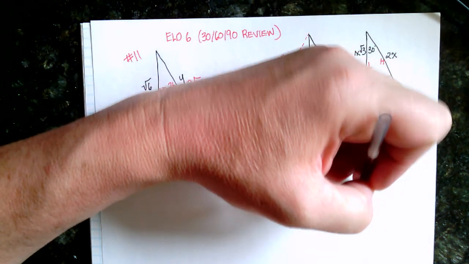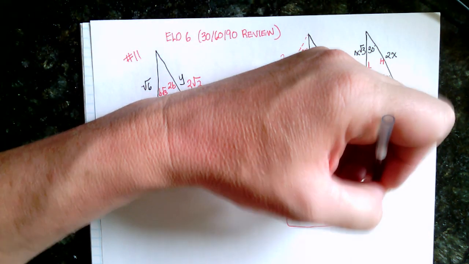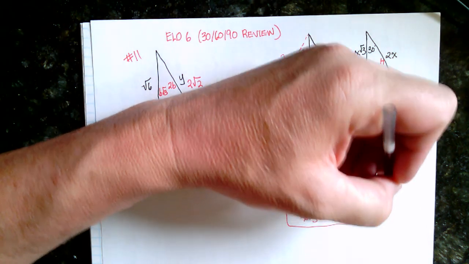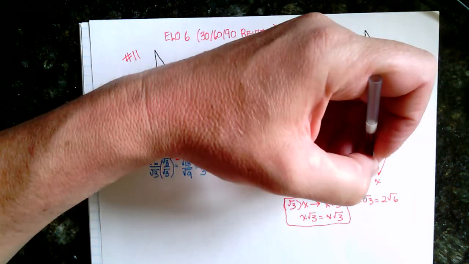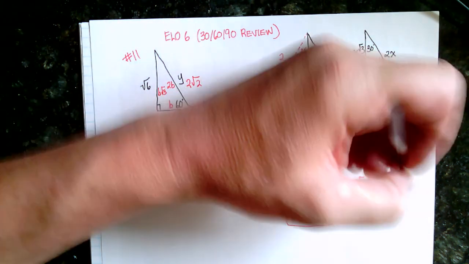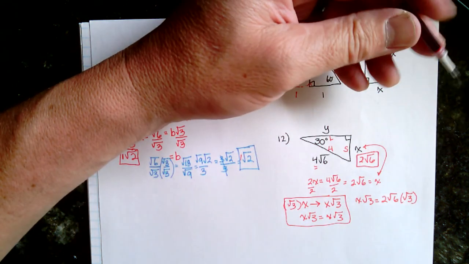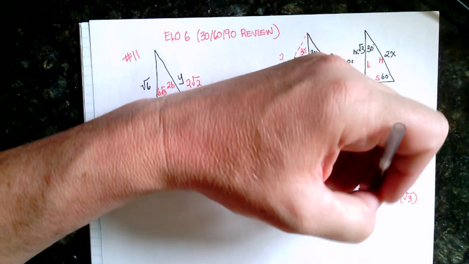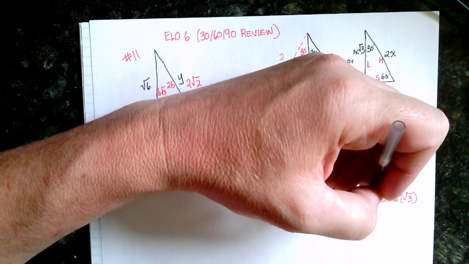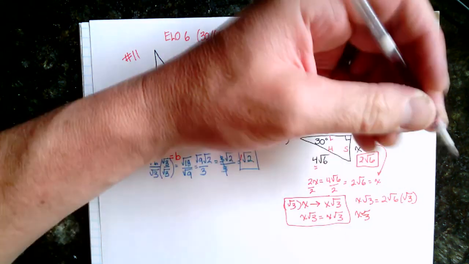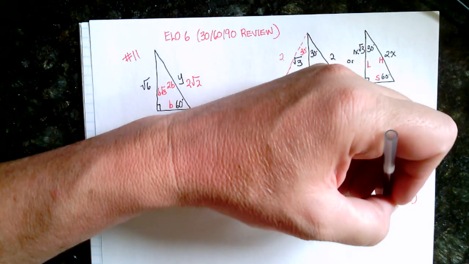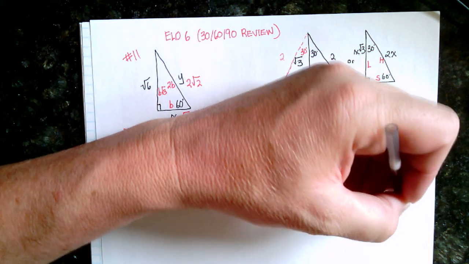So here, if I want to find the x root 3 side, and the side I already have is 2 root 6, and that represents x, well I need to multiply that by root 3. So the side that's x root 3, sorry about that, is equal to 2 times root 18.